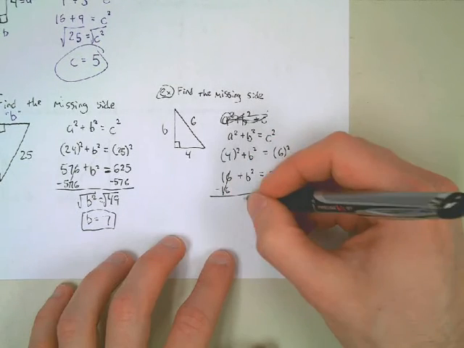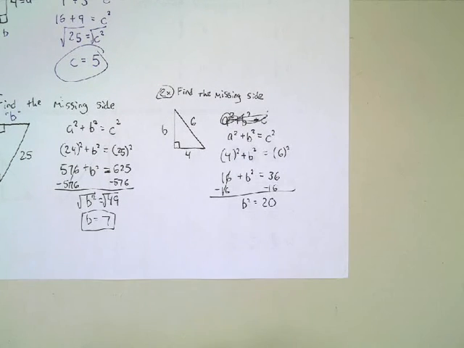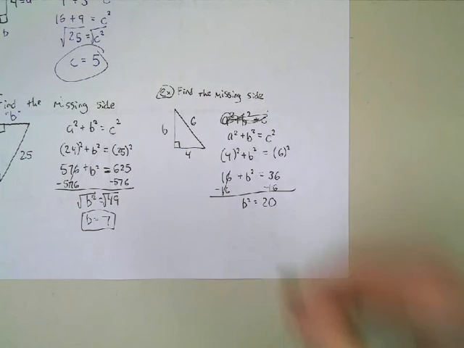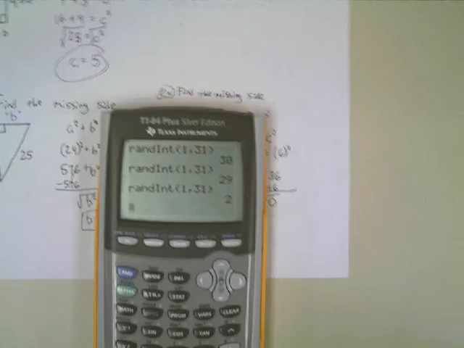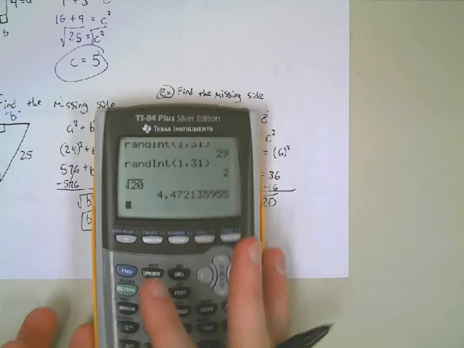Now, we want to square root both sides here. Yeah, if we square root 20, it is not a perfect square. So we stop and say that just B is equal to the square root of 20.